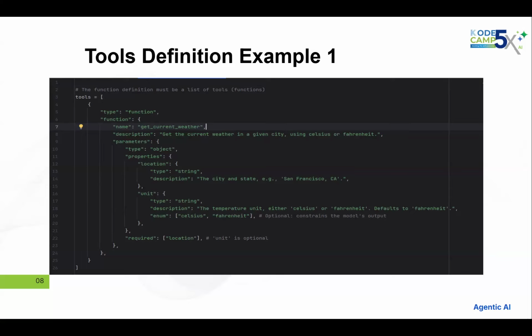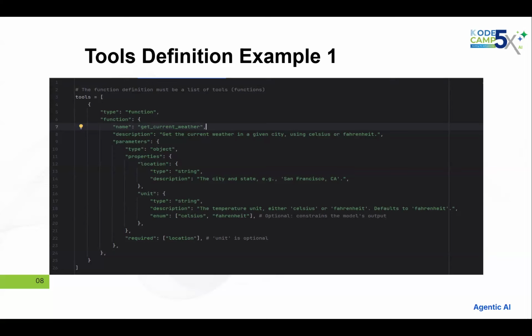Based on the given definition of the function, and a prompt is now given saying what is the current weather in Celsius, and the default is Fahrenheit, would it be assumed that the LLM has the capacity to convert Celsius to Fahrenheit, or it will need to call another tool to get that done?